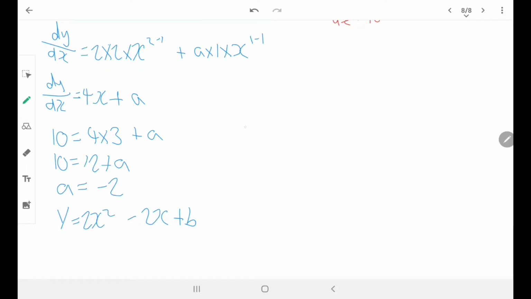This tangent, when x equals 3, our y equals 3 times 10 plus 100, which is 3 times 10 is 30 plus 100 is 130. So what else do we know? Well, we know that point: 3, 130.